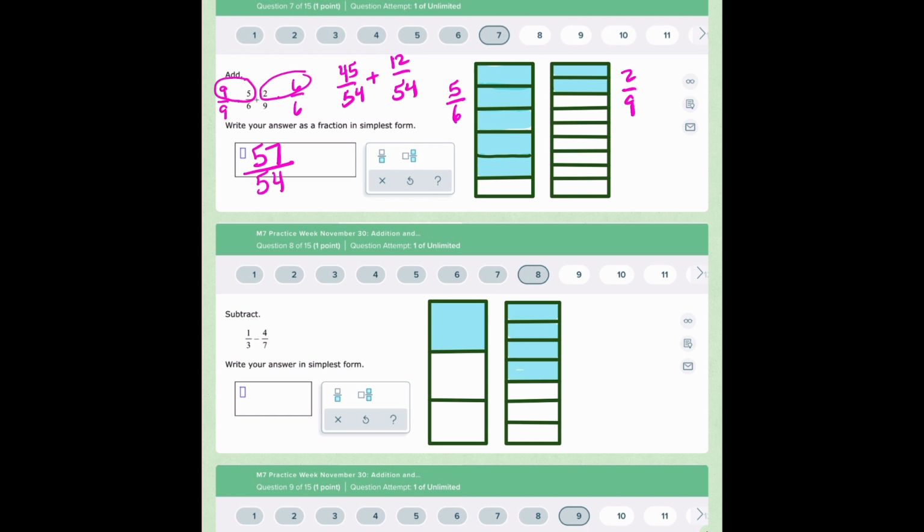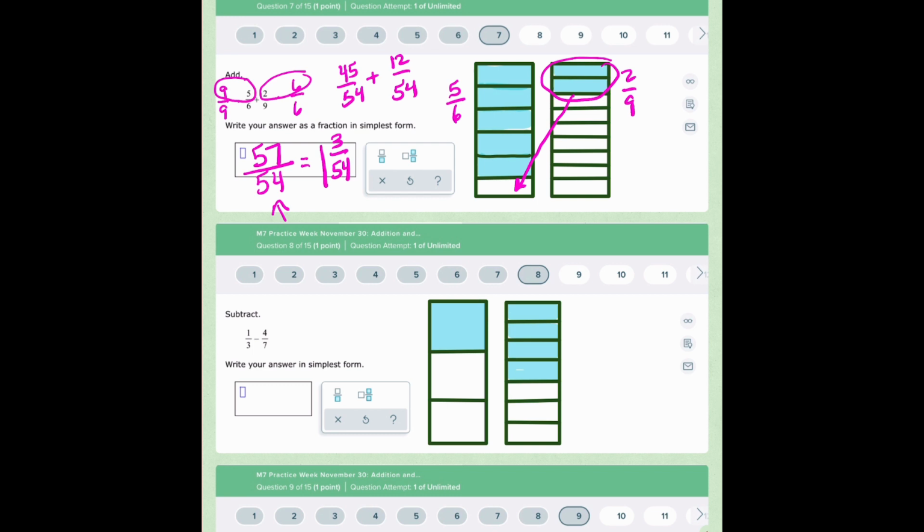And so we notice that we have a bigger numerator than the denominator. And you could see that if we add this 2/9 on down here, it's more than enough to finish out that column and have some extras. And so if we want to simplify this, 54 pieces makes one whole. We will have 3 of them left over.